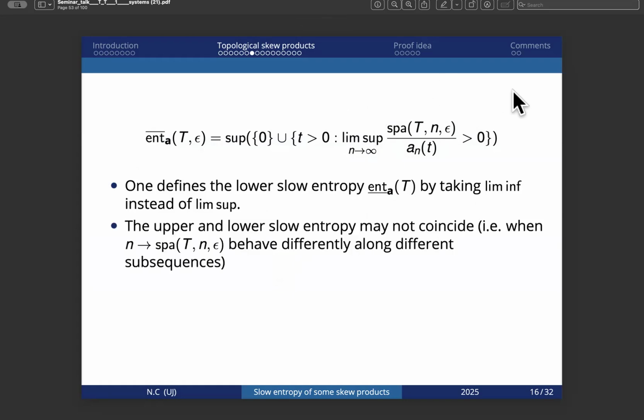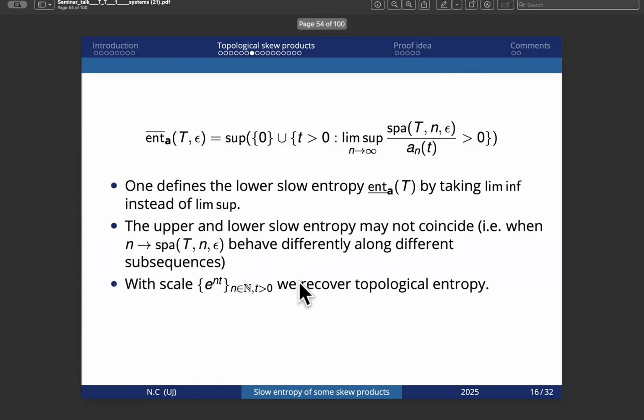It could happen that the upper and lower slow entropy are not equal, and this can happen when this complexity function, the spanning number, behaves differently along different subsequences. And also, if we take the scale exponential nt, then this invariant coincides with topological entropy. So in that sense, it is maybe a more general thing.